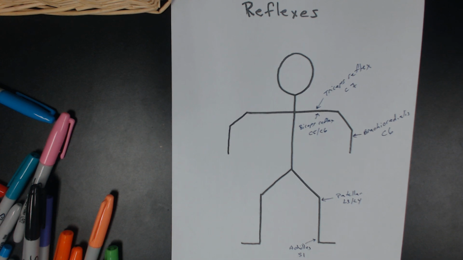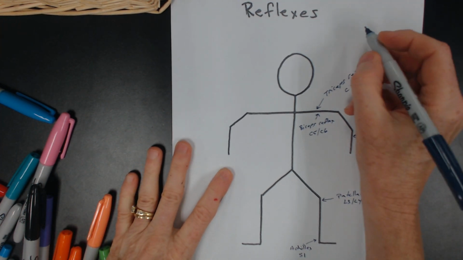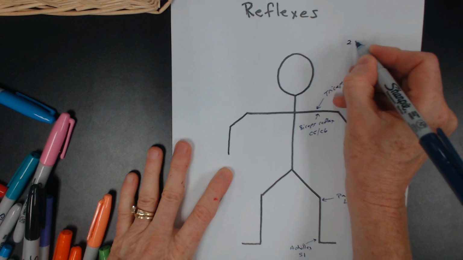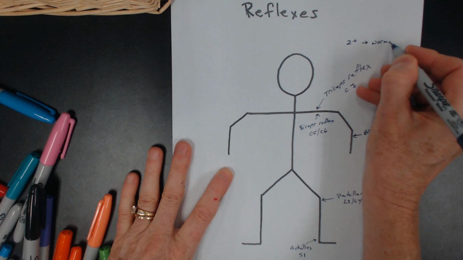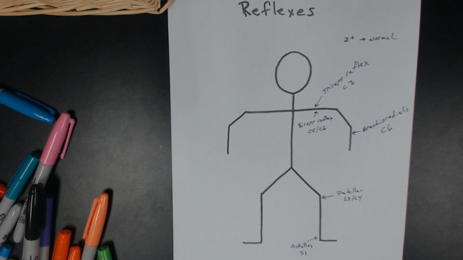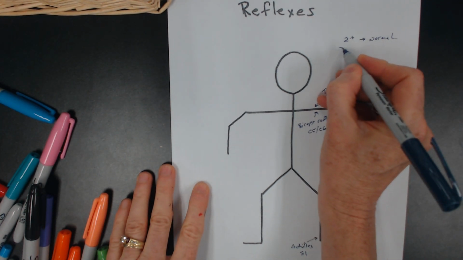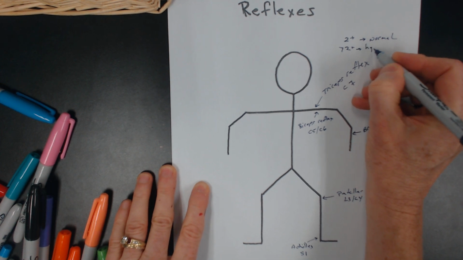When you actually test somebody's reflexes, you test them bilaterally, and you're looking for changes from normal. As far as a reflex scale is concerned, you're going to grade it 2+ if it's normal. Somebody with a 2+ reflex is going to be considered normal at any of those testing sites. Anything greater than 2+ is considered hyperreflexia.